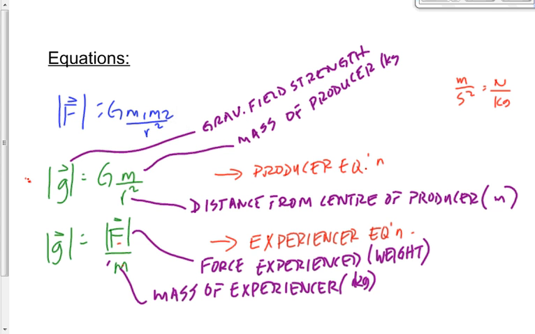This is why it's smaller, because R is bigger. 9.7 something at the top of Mount Everest. Go to the space station, it's 9.0, 9.1, something like that. Go higher up, it's smaller. What's the gravitational field on the moon? 1.6 meters per second squared. It's not always 9.81. Now we have a way of figuring out what the gravitational field strength is.